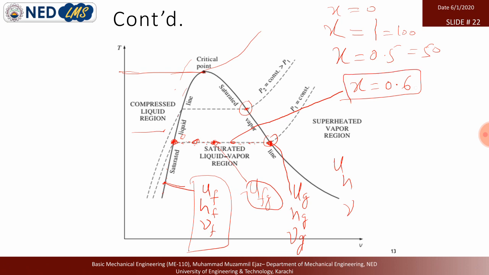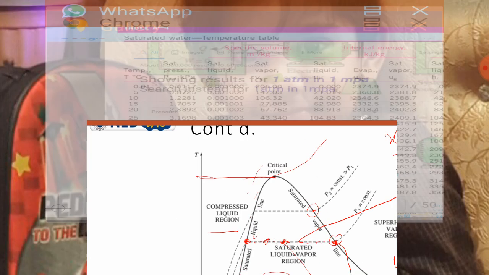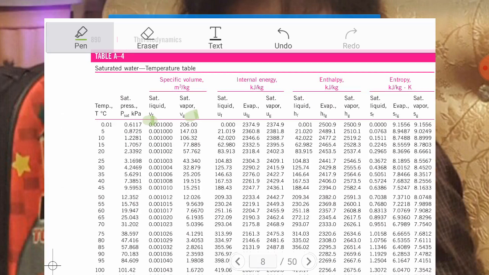We can determine that by a different experimental tool. So we have a quality of steam of 0.6. Now we have to calculate a property like enthalpy. We have an equation to calculate the property: h equals HF plus quality of steam multiplied by HFG. HF plus x HFG.